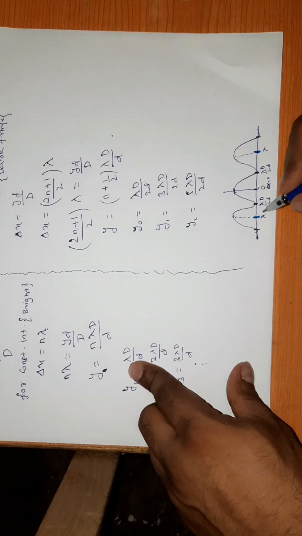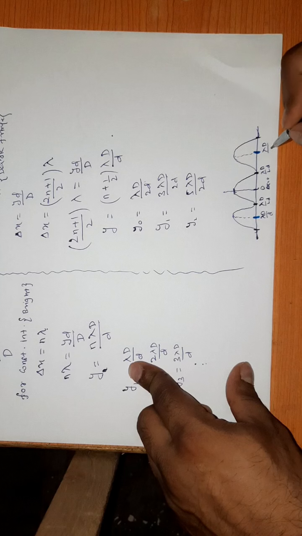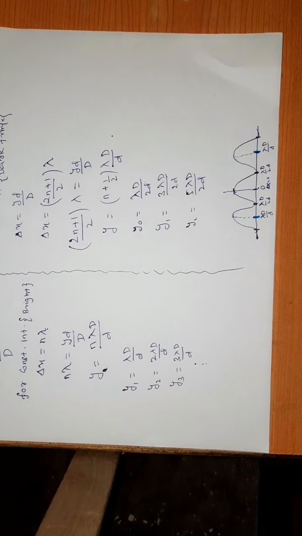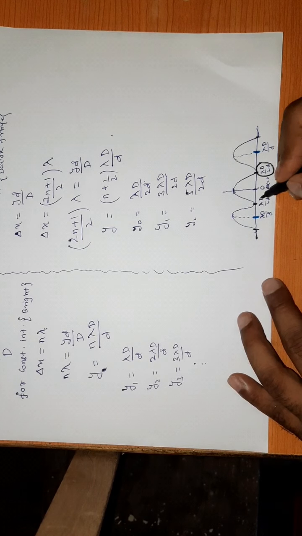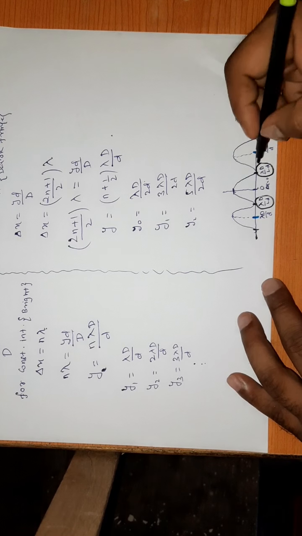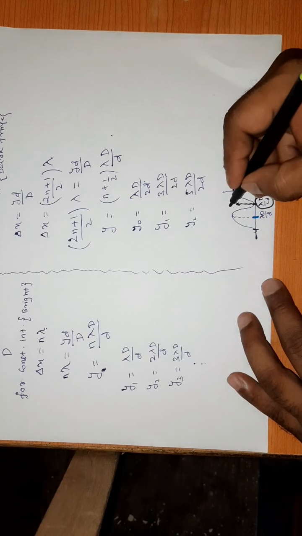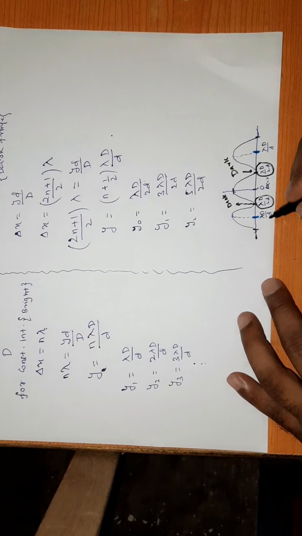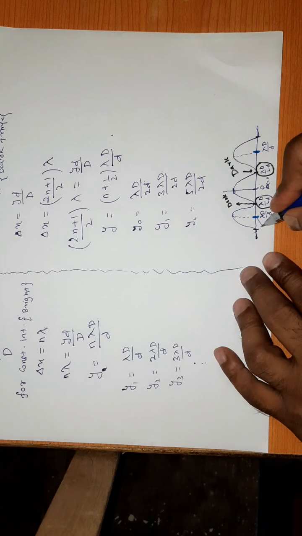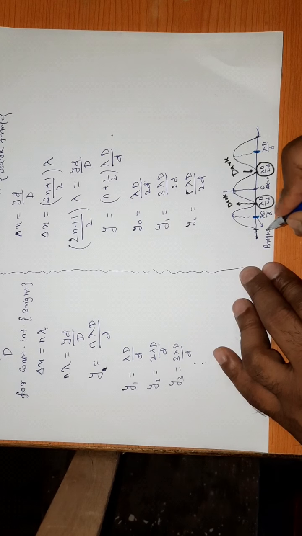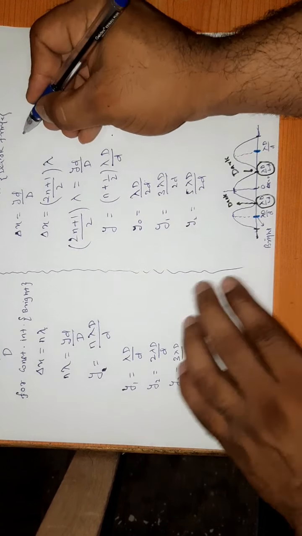Here we can write lambda d upon d. Here it is lambda d upon d. So these are bright. These which are with the black sketch pen are dark. These are dark. And this is bright. This one is bright.